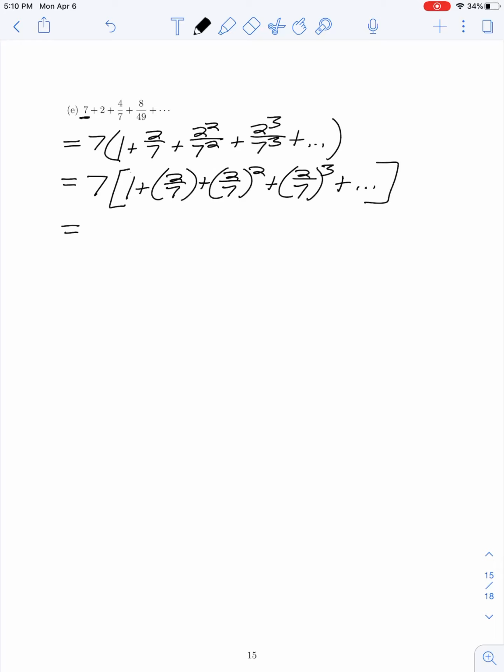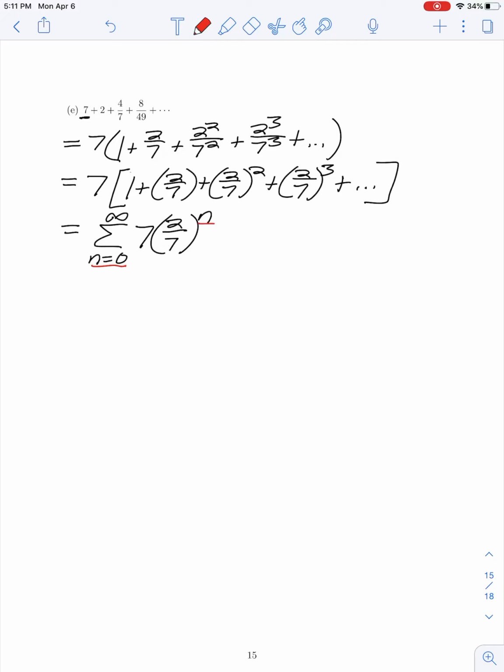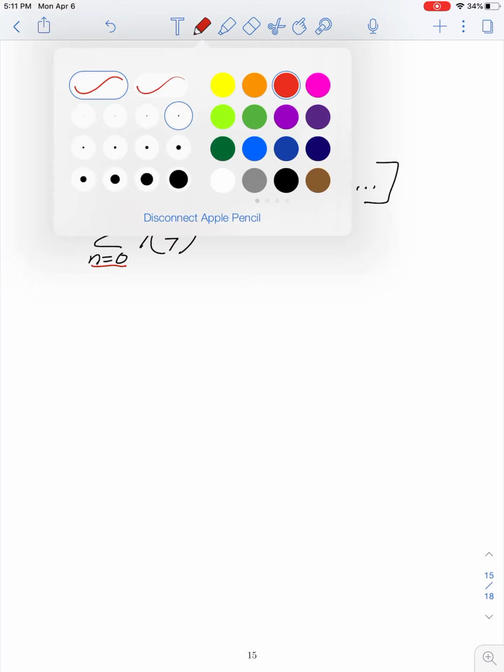So this allows us to recognize the general pattern for the nth term of our series, and we could write this as the sum from n equals 0 to infinity of 7 times (2/7) to the nth power, where we start at n equals 0, so that when n equals 0, that first term would be 7 times 1.